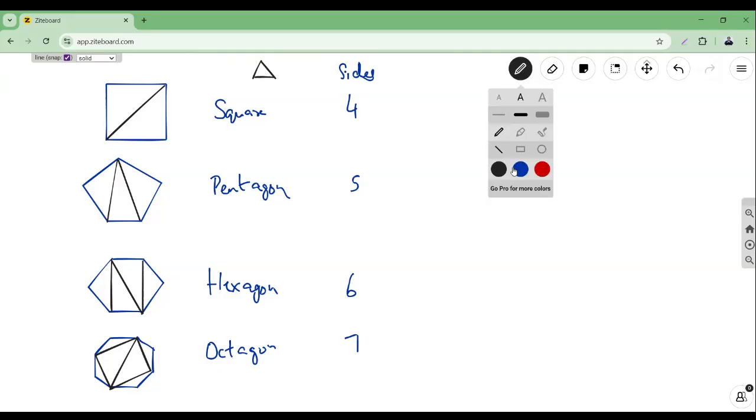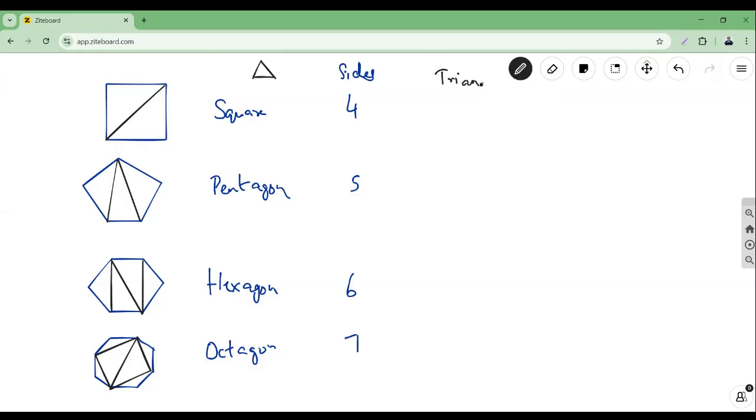Now let's count how many triangles I was able to make. Here I was able to make 2 triangles. Here I was able to make 3 triangles. Here I was able to make 4 triangles. Here I was able to make 1, 2, 3, 4, 5, 6 triangles.